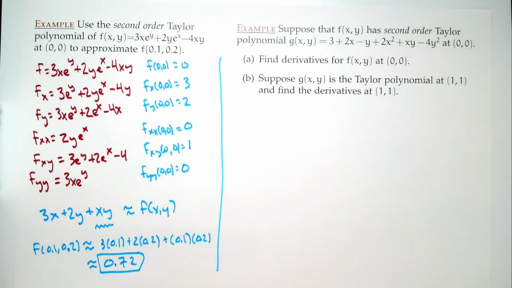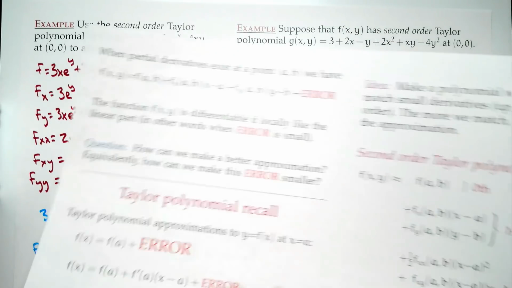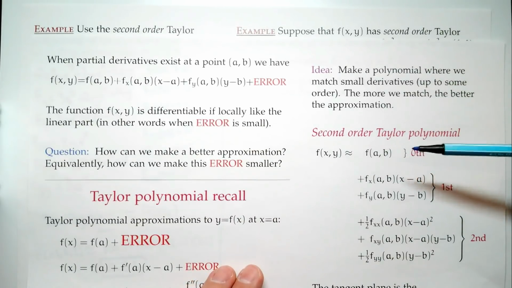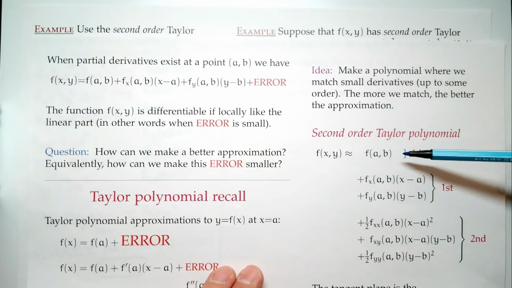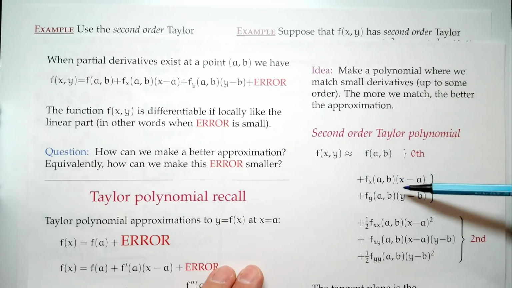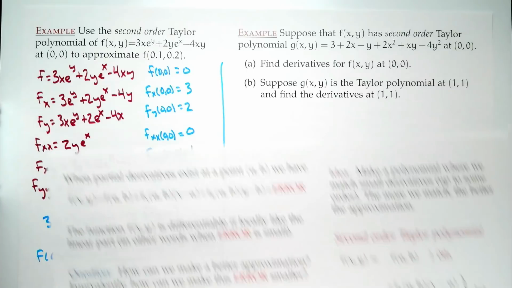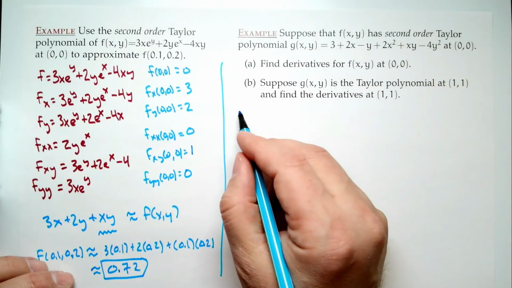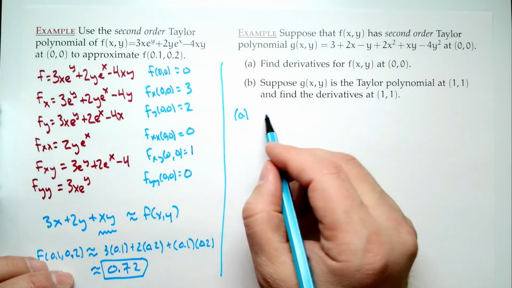Well, what can we do? Well, we go back to where is the second order Taylor polynomial coming from? The constant is the constant. The coefficients of x and y would be derivatives with respect to x, and so forth and so on. So, part A, let's read off the answer.